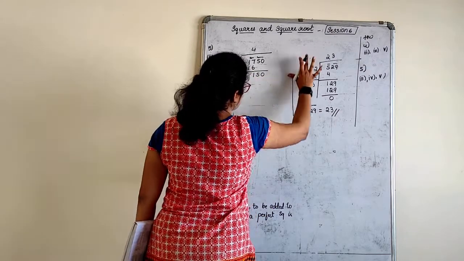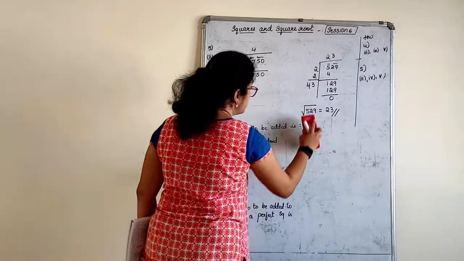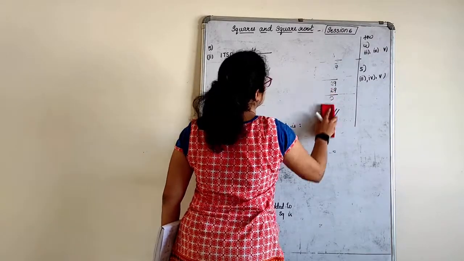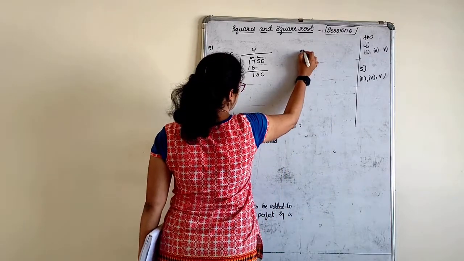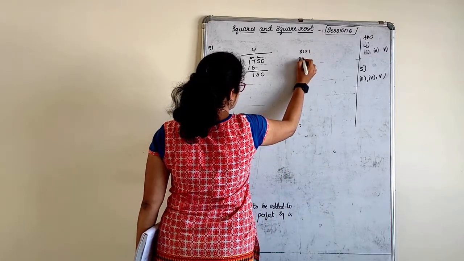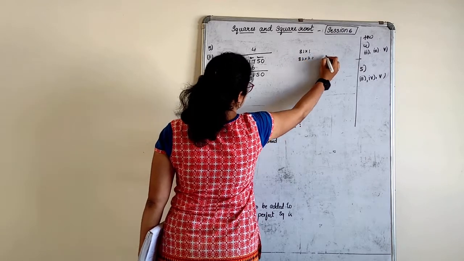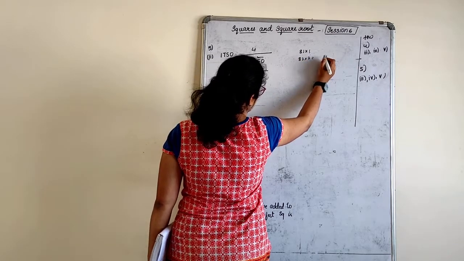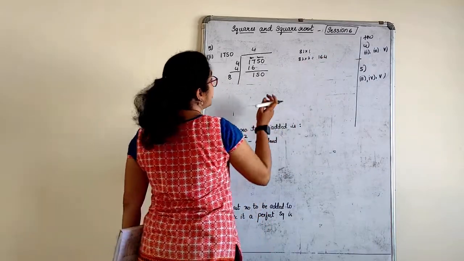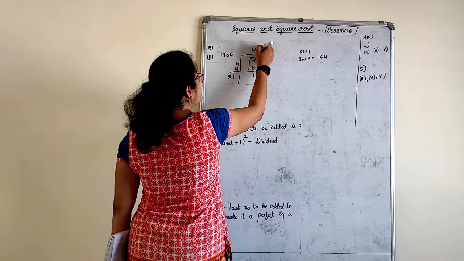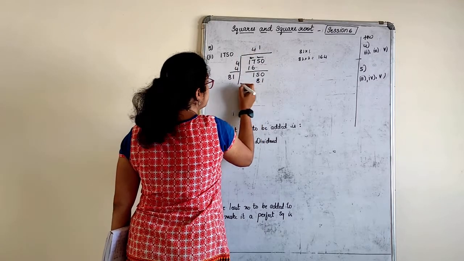So again, when we check with this, let's see. It is not a perfect square. So 81 ones are 81, 82 2s are, so 2 2s are 4, 8 2s are 16. This will be quite big. So I think 81 ones is itself 81.